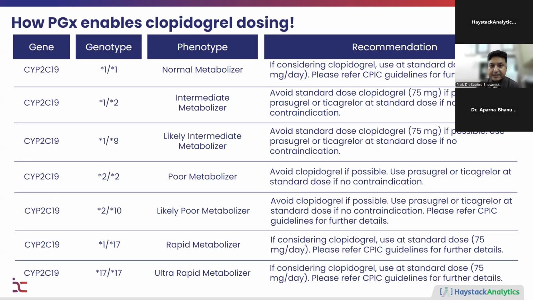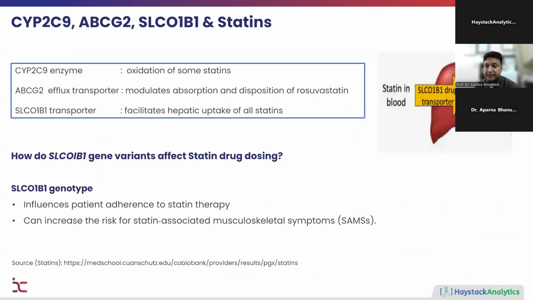Similarly goes with statins. The statins are very, very essential drugs in case of AMI patients. They are also very important drugs in case of hypercholesterolemia patients. But the statins have these kinds of pharmacogenetic variation with respect to the SLCO1B1 genotype. It influences the patient adherence to statin therapy, and this can increase the risk of statin-induced musculoskeletal symptoms.